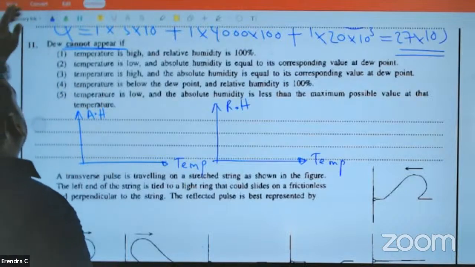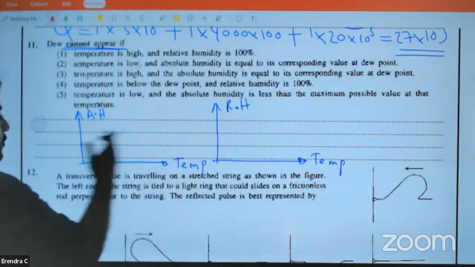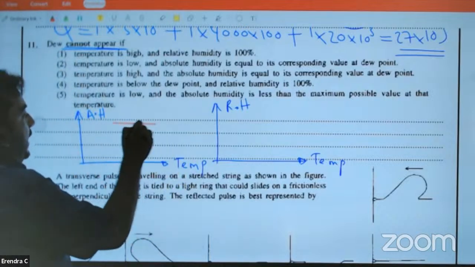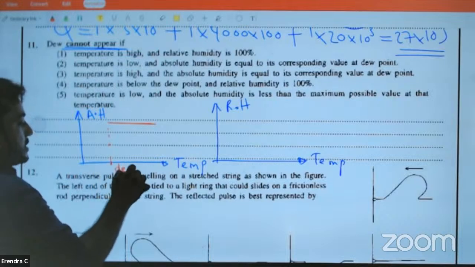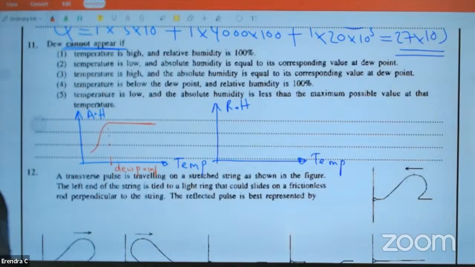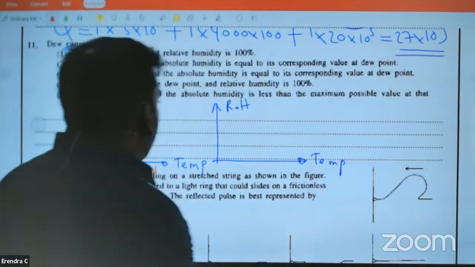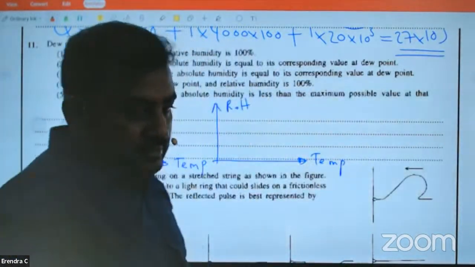Keeping these curves in mind, you can come to these conclusions. From high temperature, if you reduce, H will not change. But after you reach the dew point, absolute humidity will reduce. Dew point is the temperature at which the existing mass of water vapor saturates.